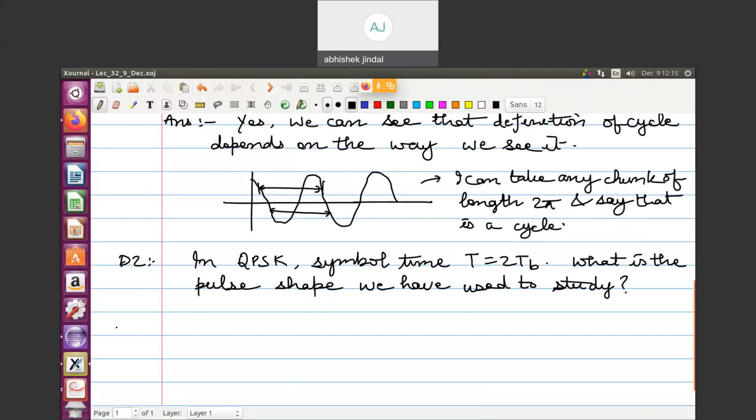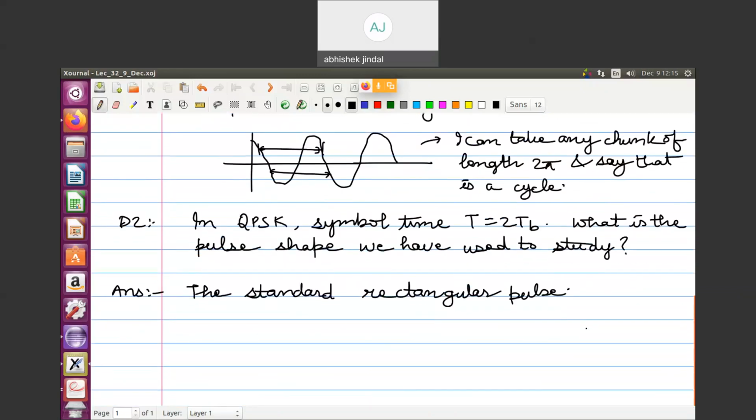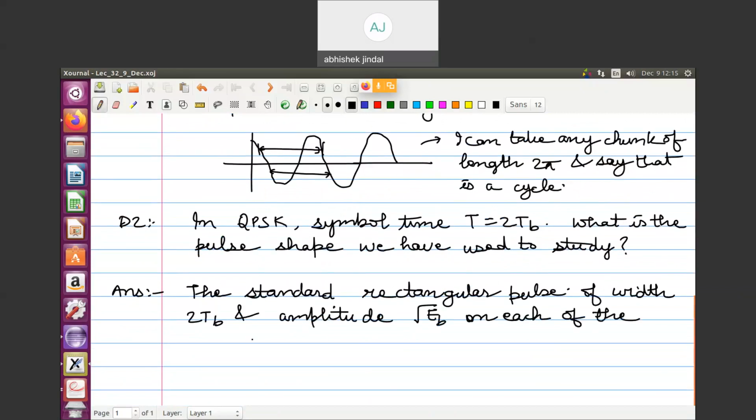So the answer is the standard rectangular pulse of width 2 TB and amplitude root of EB on each of the carriers.